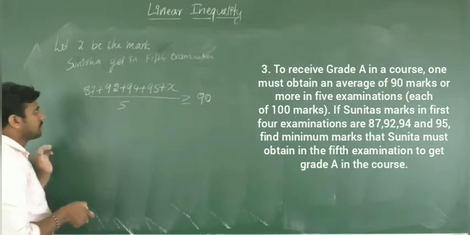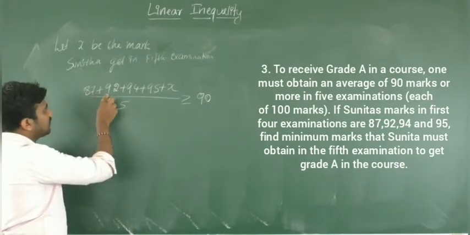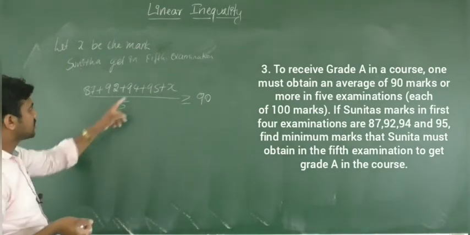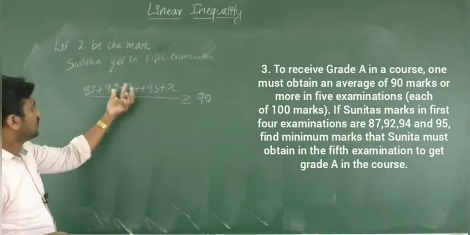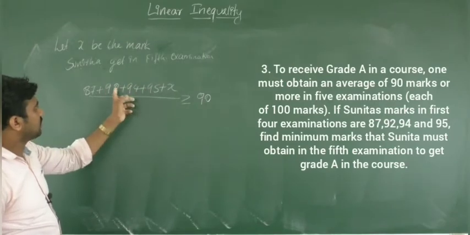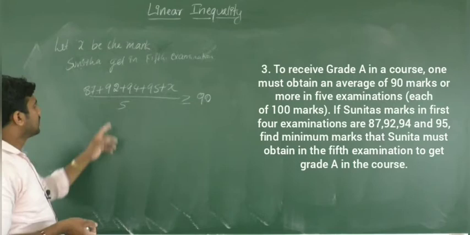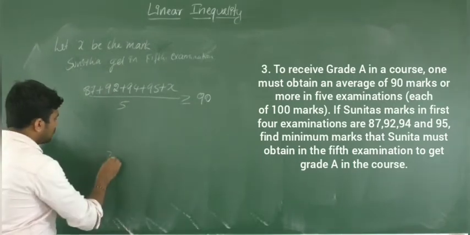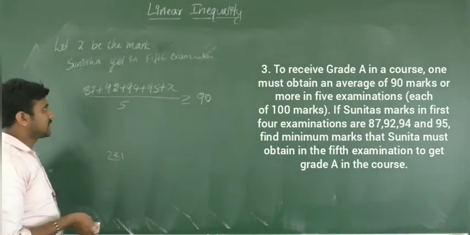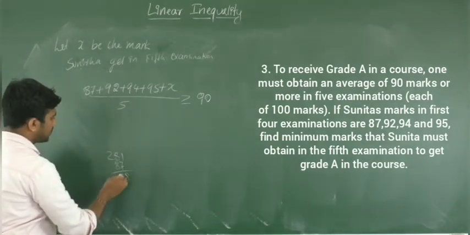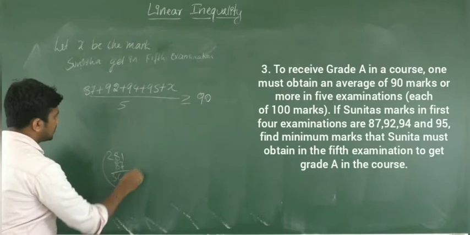Let's find it. Add 87 plus 92 plus 94 plus 95. You can observe here that is 270 plus 11, so 281. Add 87 to it, that is nothing but 368.